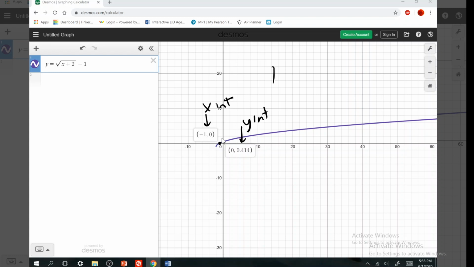Cool. My domain is, I just gotta, so -1 is my starting x value, and I'm going to the right forever. So x just has to be greater than or equal to -1. Cool, done. Range. Oh, did I just goof?